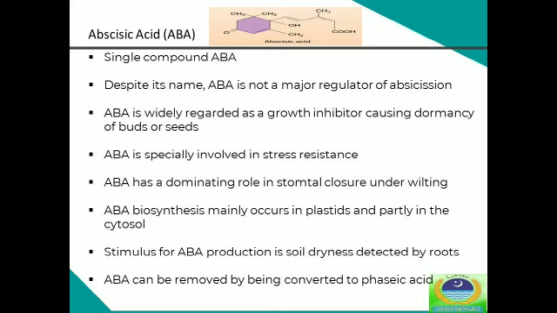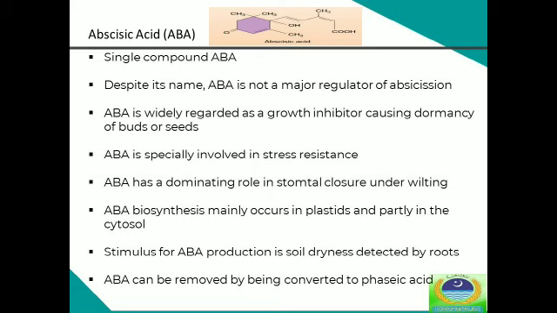Abscisic acid does not control abscission directly. The presence of abscisic acid in abscissing organs reflects its role in promoting senescence or stress responses, which precede or happen before abscission.